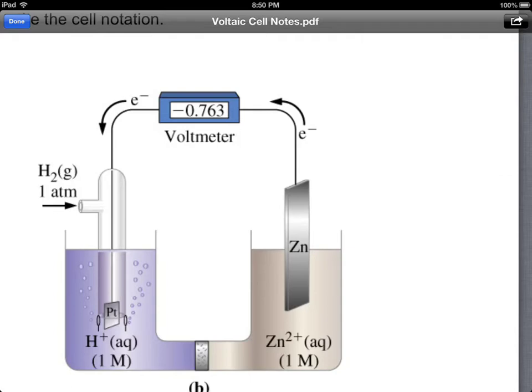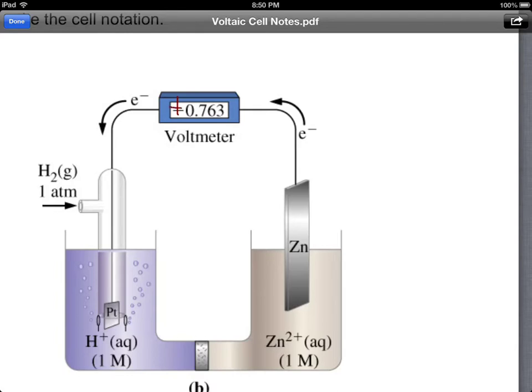Because zinc here is much less likely to be reduced than hydrogen, it's given a negative half cell reduction potential. Now again, on the voltmeter, you're not going to see a negative value. That's misleading.